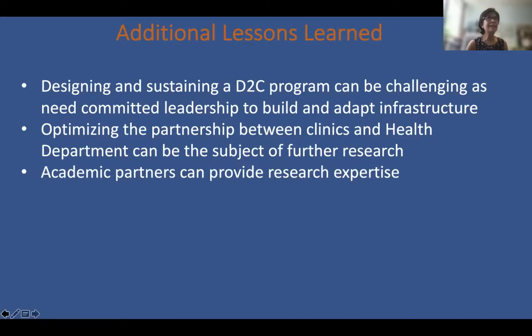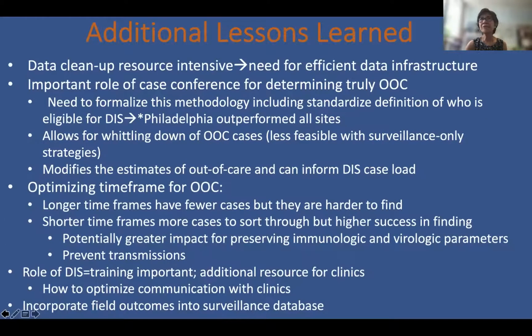I think we were not as good about this in Connecticut, and I have some theories for why that's the case, but Philadelphia had a track record for doing this kind of work even before this grant. So they had many more years to hone this process. In the beginning, because we had 23 different clinics, we were wondering, can we do case conferencing for all these 23 clinics?